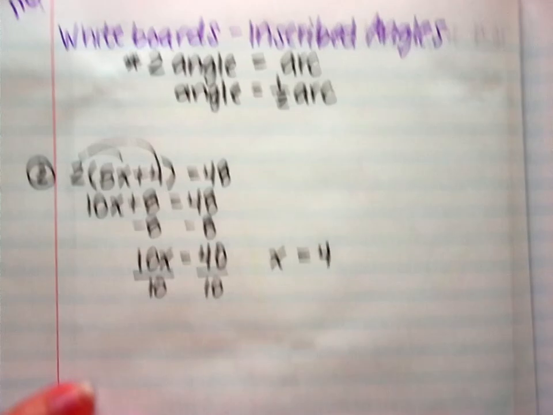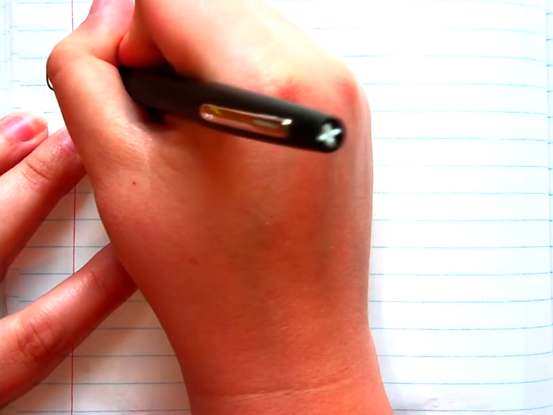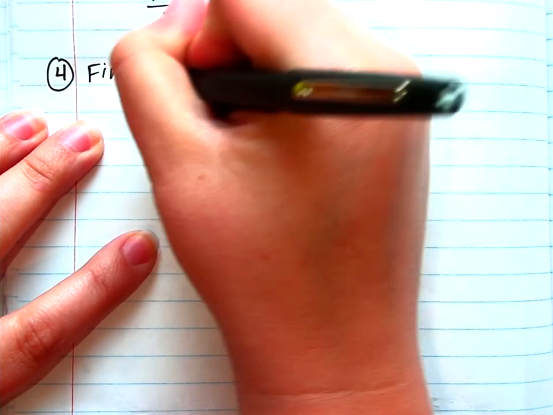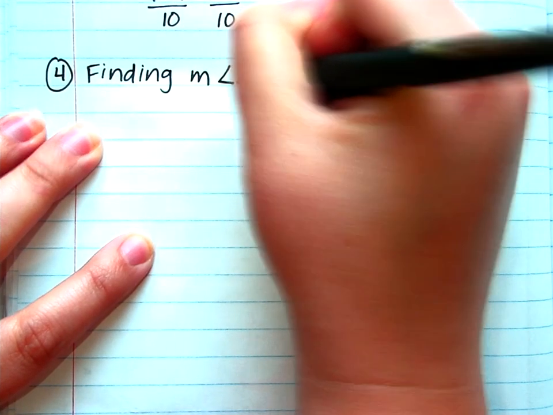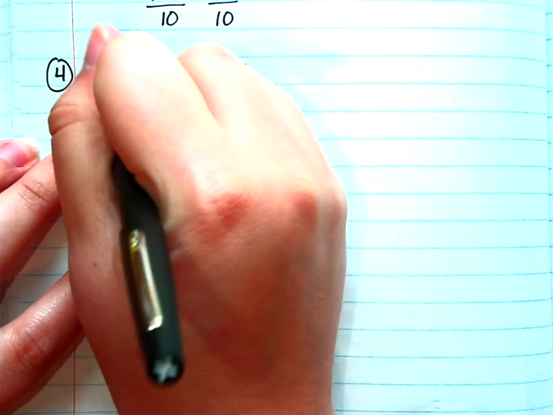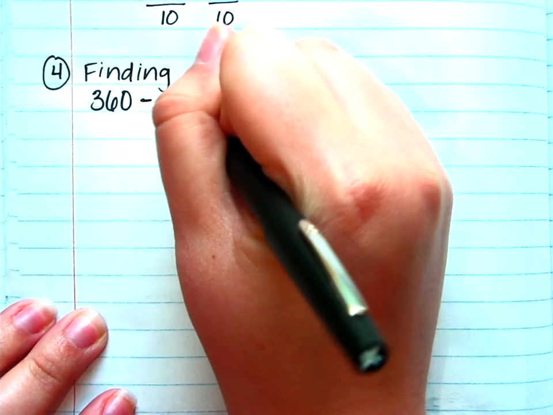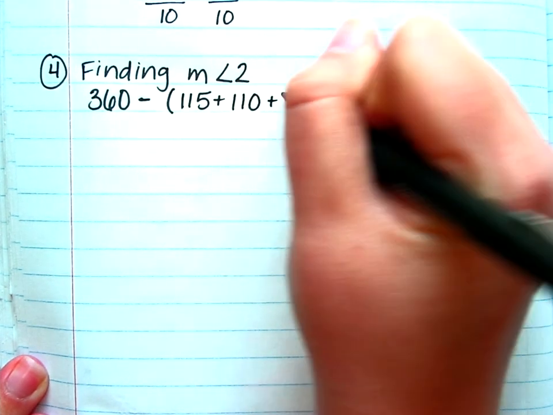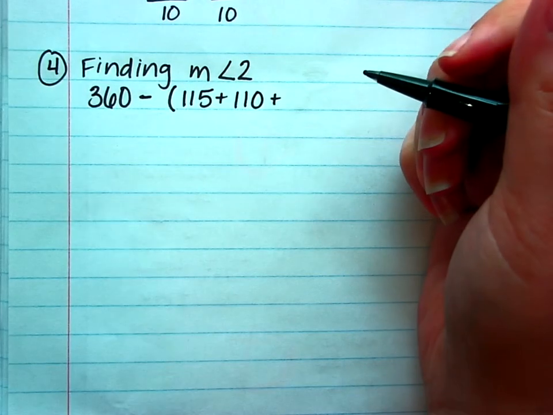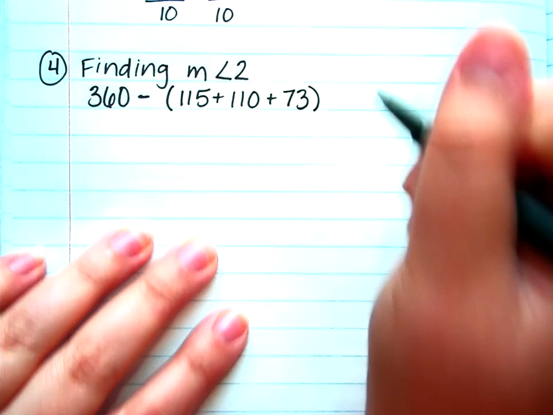So this was number 4. We're first finding the measure of angle 2. So we need to do 360 minus all of those other arcs. We had 115, we also had 110, and there was also 73 there.